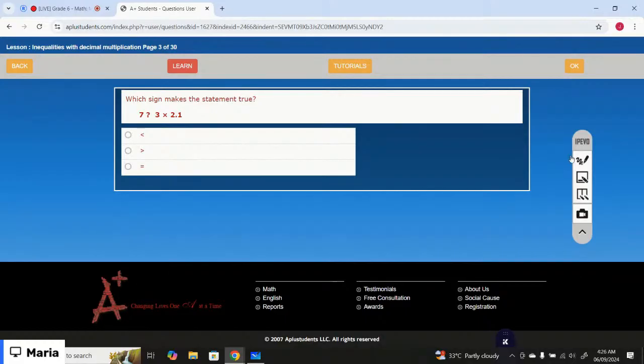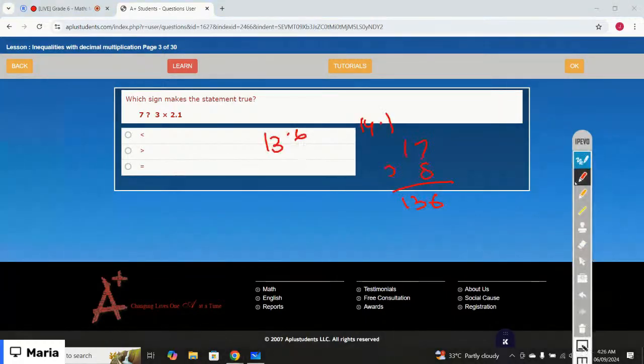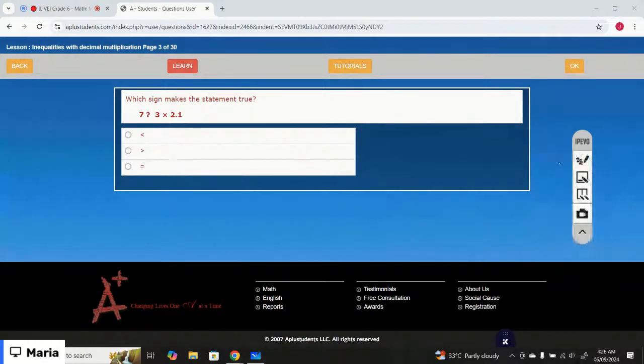That is 7 is greater than, right? Greater it is. 7 is greater than 3 times 2.1. Option number 2 is the correct option, right? Greater it is.